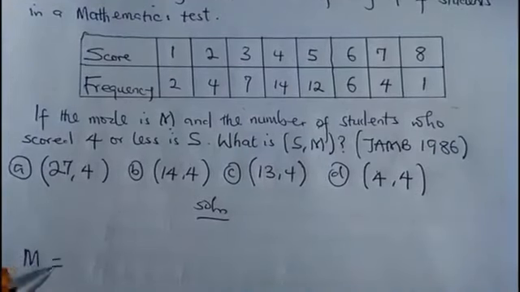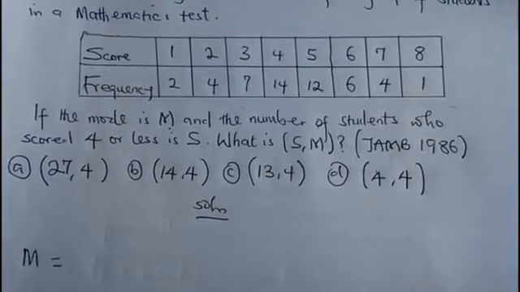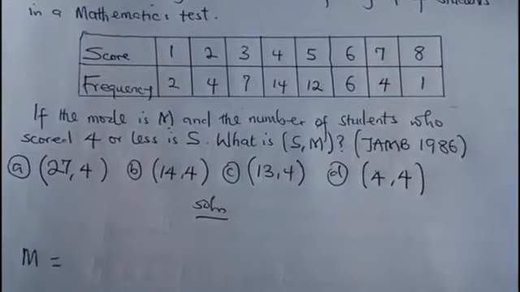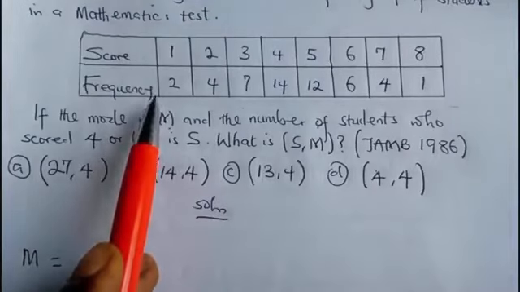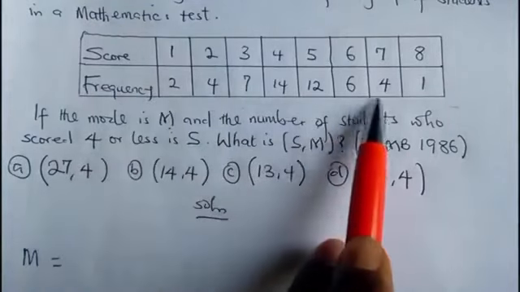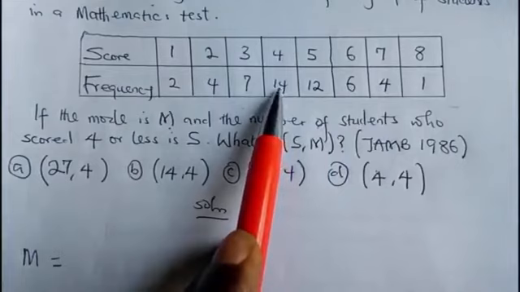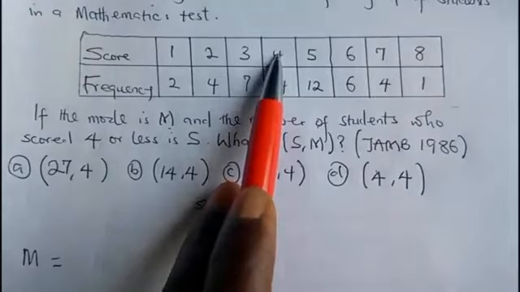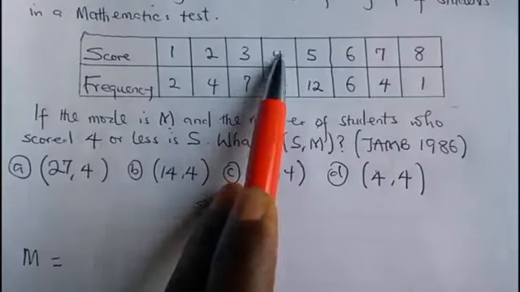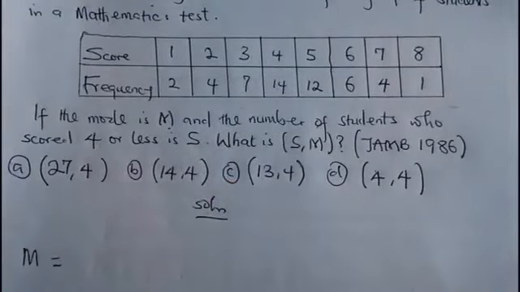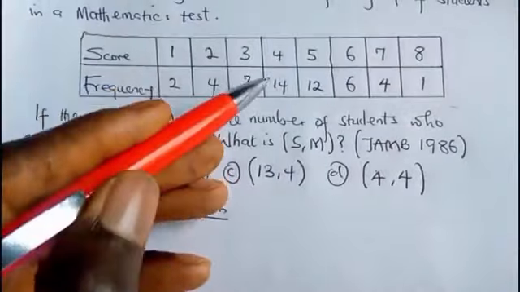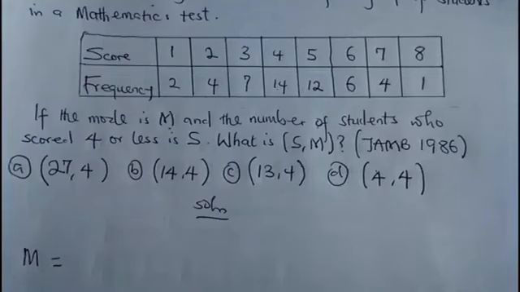So our M will be equal to, mode is the most occurring number in a given distribution. And when you look at this frequency row, the highest value we have here is 14, corresponding with number 4. So the number of students that scored 4 are 14 in number, meaning mode here is equal to 4.